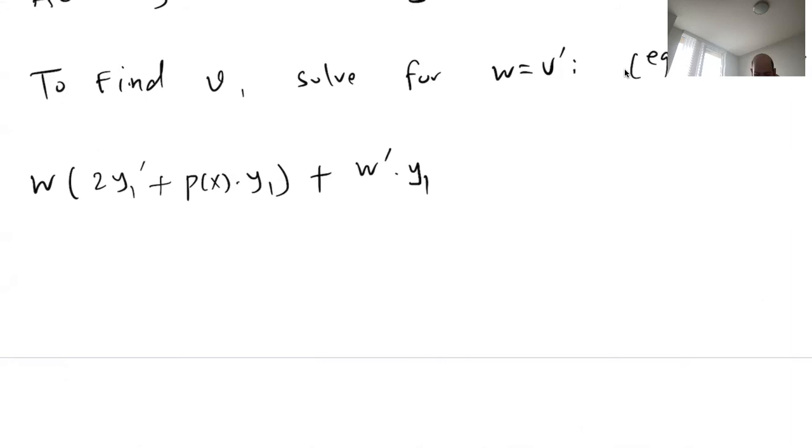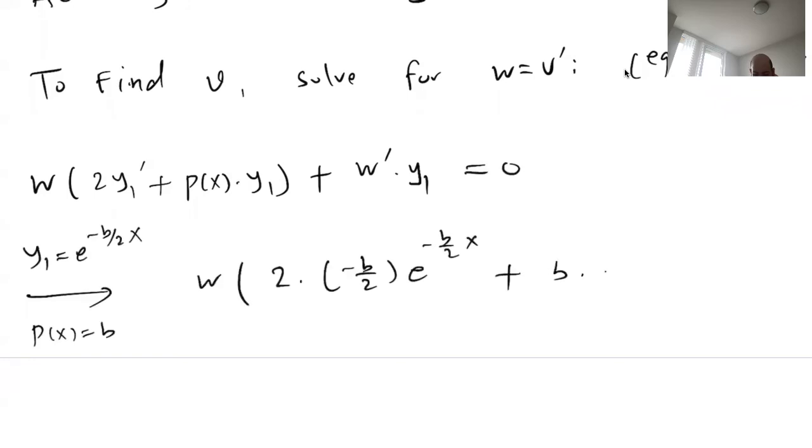So w times 2 times the derivative of this is 2 times minus b over 2 e to the power minus b over 2x, plus p of x, which here is b, so plus b times e to the power minus b over 2x, plus w prime times y1. y1 means e to the power minus b over 2 times x, equals 0.